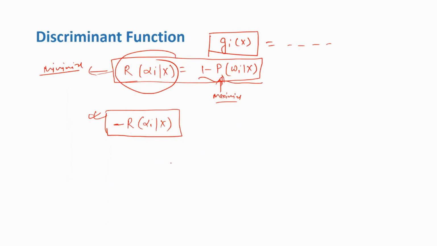According to the Bayes minimum error classification, we can define the function gi(x) as probability of omega i given x, and we can also write it as probability of x given omega i multiplied by probability of omega i.